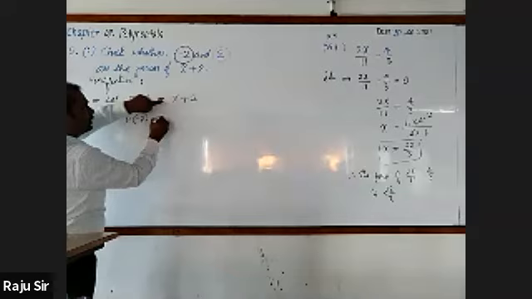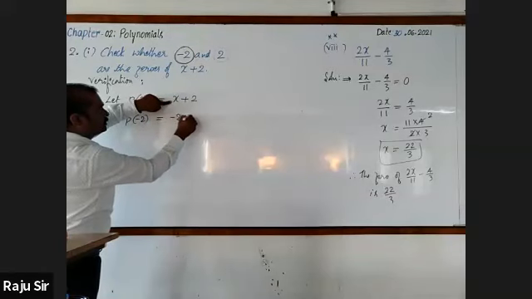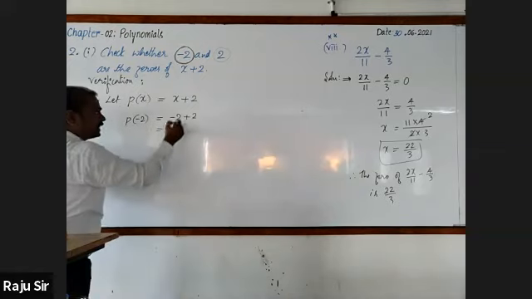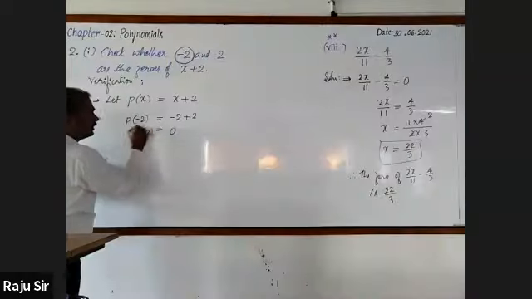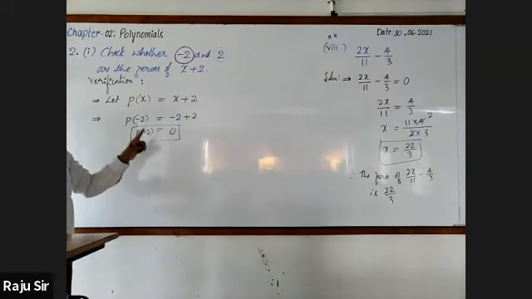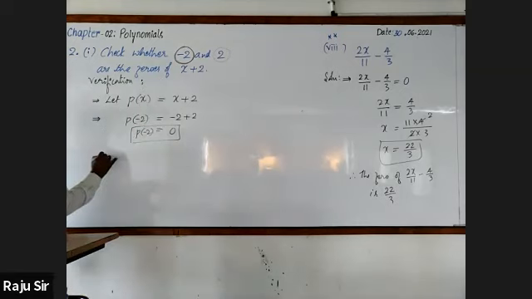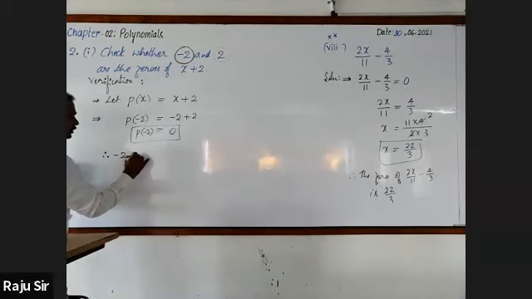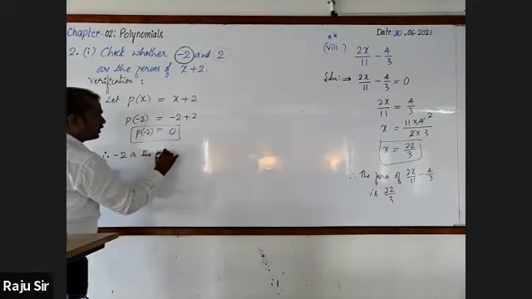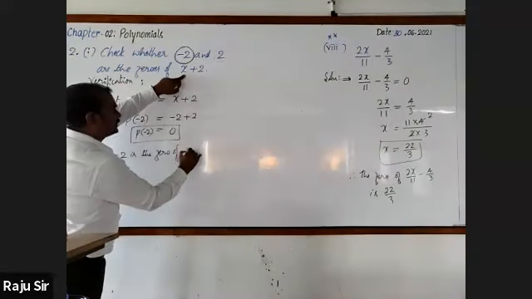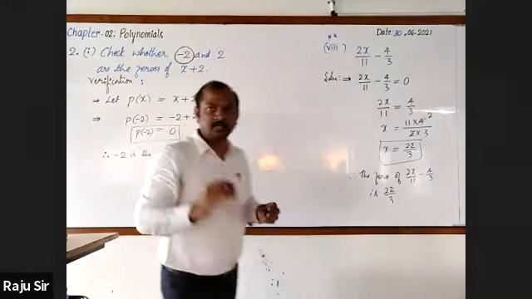Now this is equal to, in place of x, minus 2, then plus 2 as it is. Minus 2 plus 2 get cancelled. Zero. So p of minus 2, the value of the polynomial, is 0 when x is minus 2. Therefore, minus 2 is the zero of x plus 2. Got it?